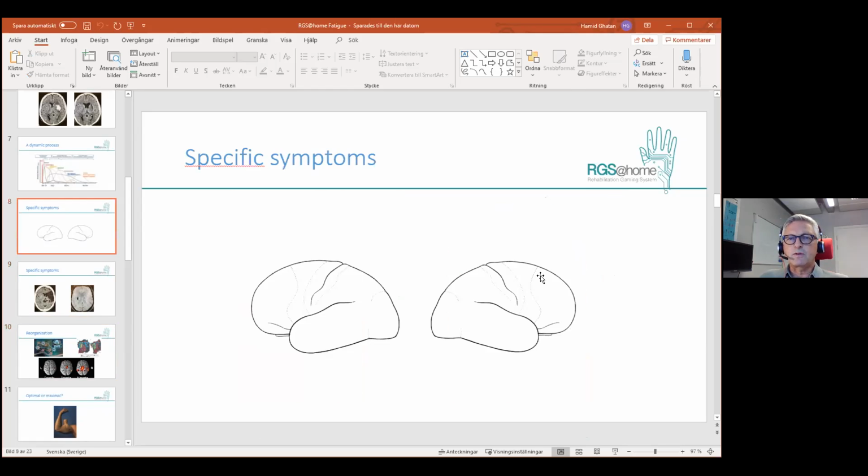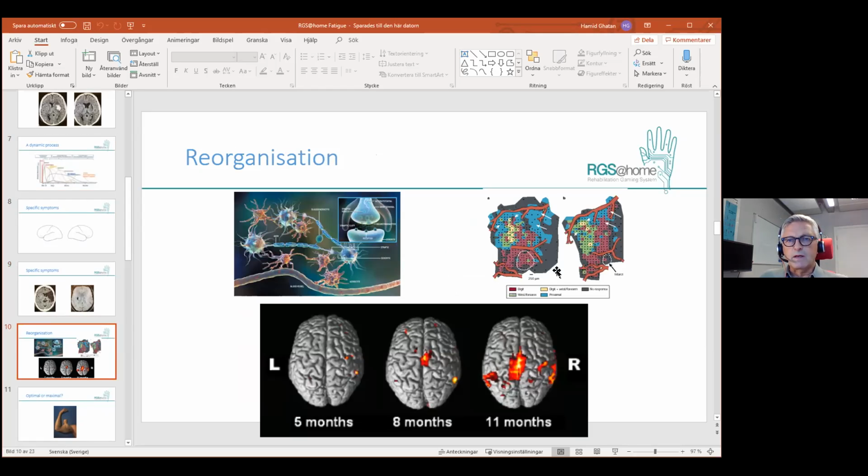And then the image to the right illustrates the local area in the brain, in the cortex, for instance. You can call it a geography where these neurons interact with each other.